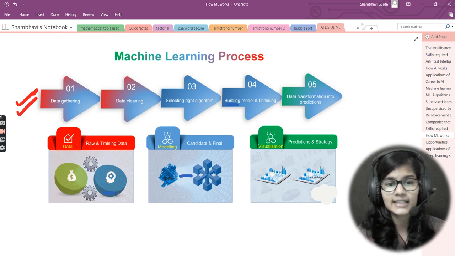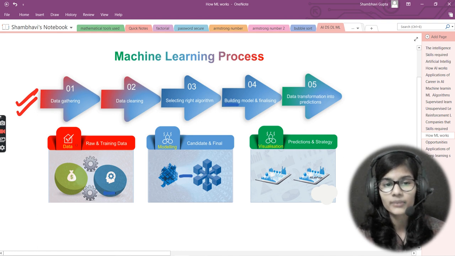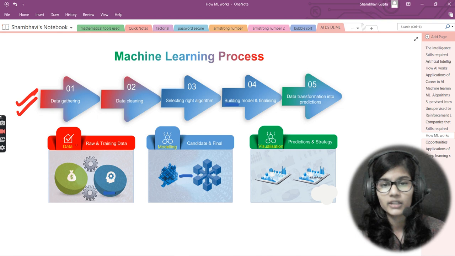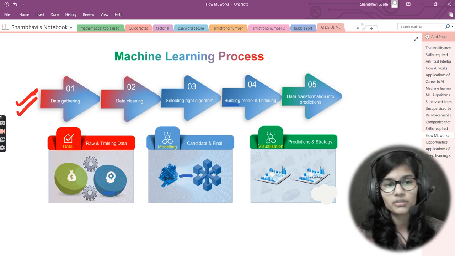Because let's say we work in a company for online products, right? People give reviews. Now reviews can be in the form of strings, some characters, or you can get some symbols as well. You'll be getting some empty columns, some empty rows. These are all the things that you'll be getting in your data.